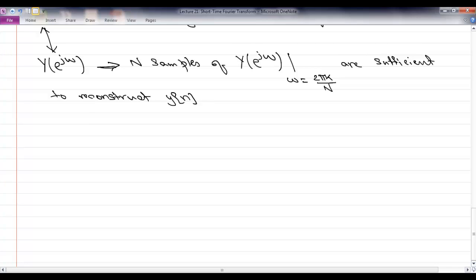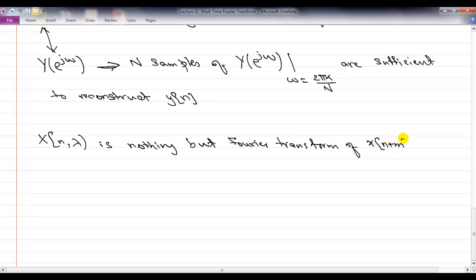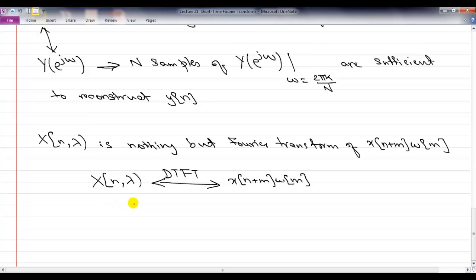Now we know also that X_n(λ) is nothing but the Fourier transform of x[n+m]w[m]. So X_n(λ) is just the DTFT of x[n+m]w[m], which means that we can sample this along the frequency axis.